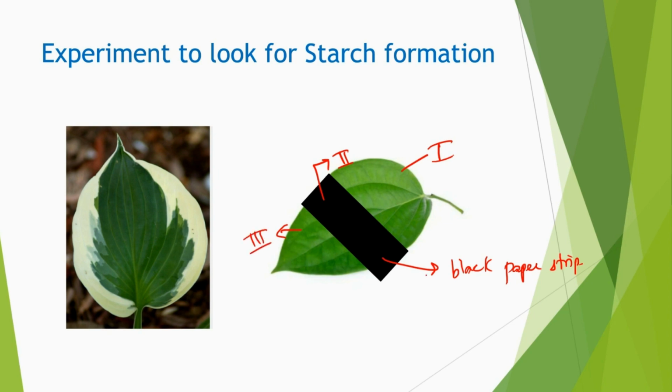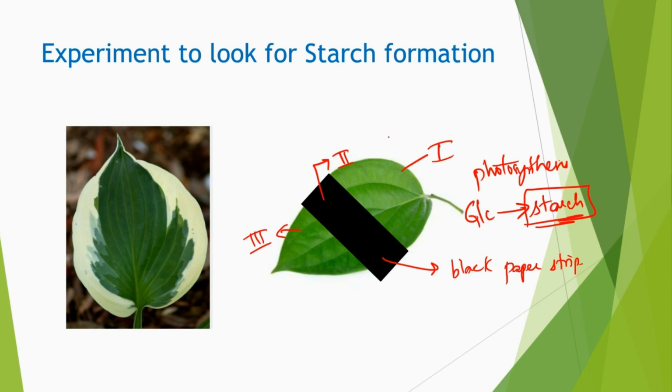When it is exposed to light, light falls on the surface of the leaf. The chlorophyll present absorbs it, as a result of which photosynthesis occurs. Glucose is synthesized, and the excess glucose gets converted into starch.